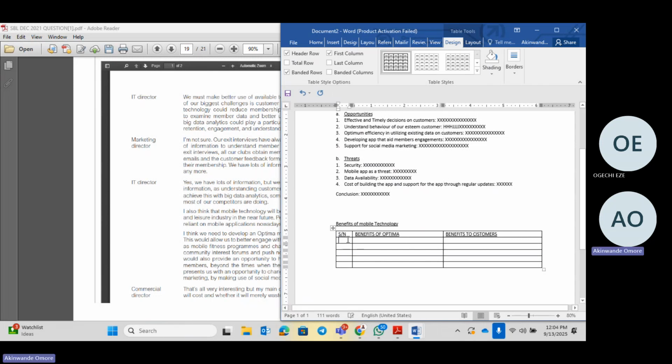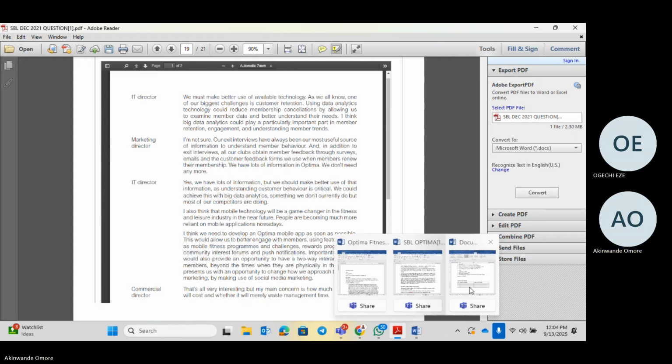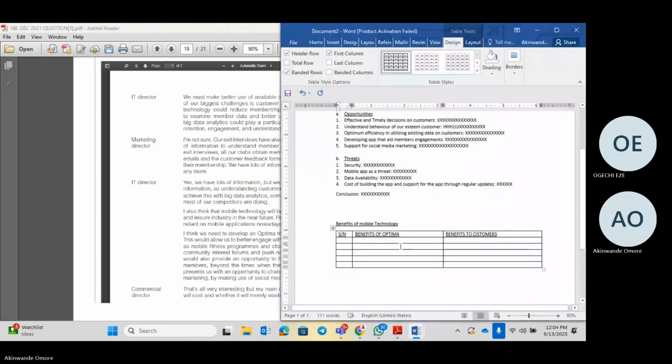You get it? So each paragraph is scanned for the answers of benefit to members and to Optima. What can you see?